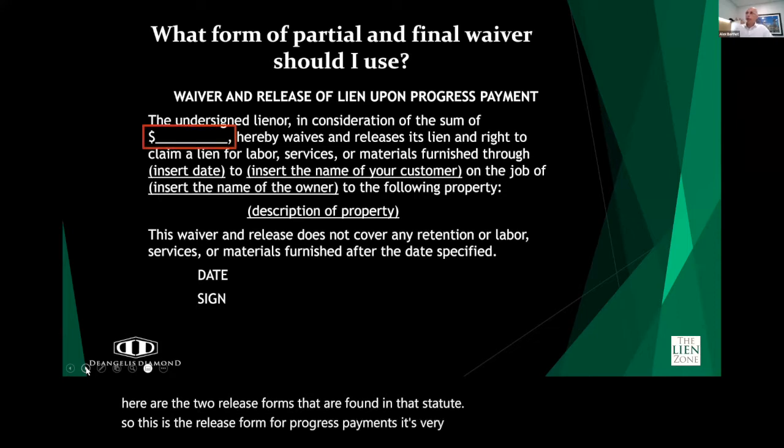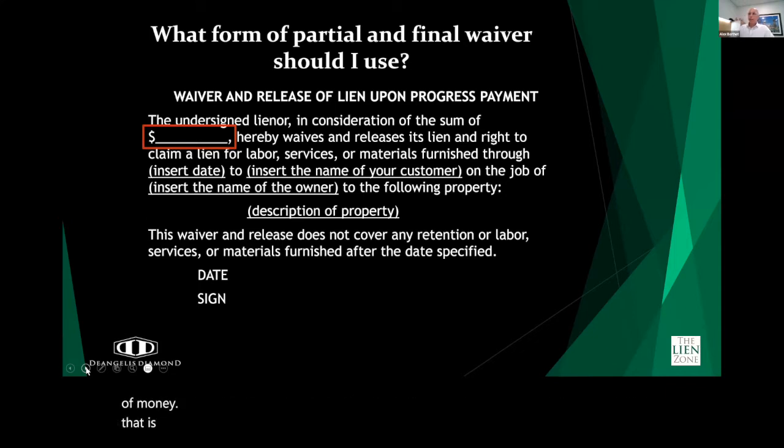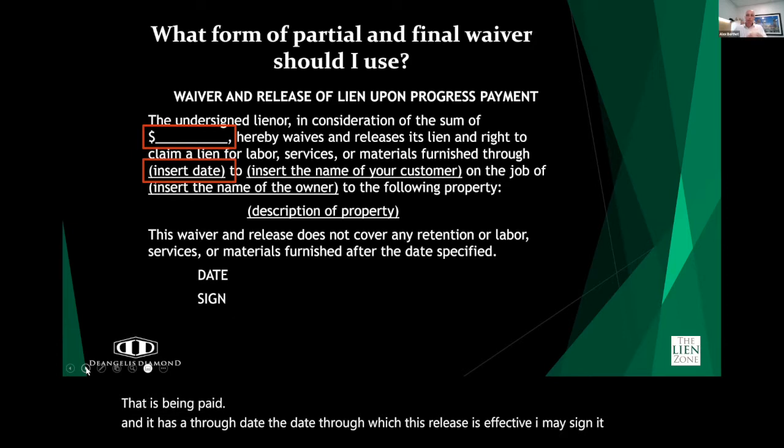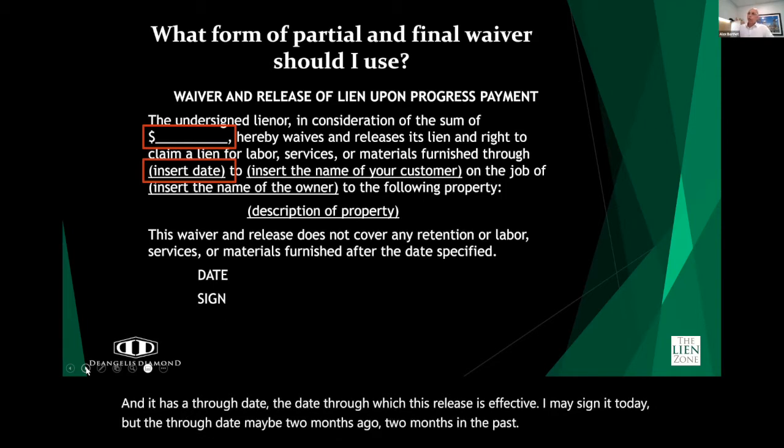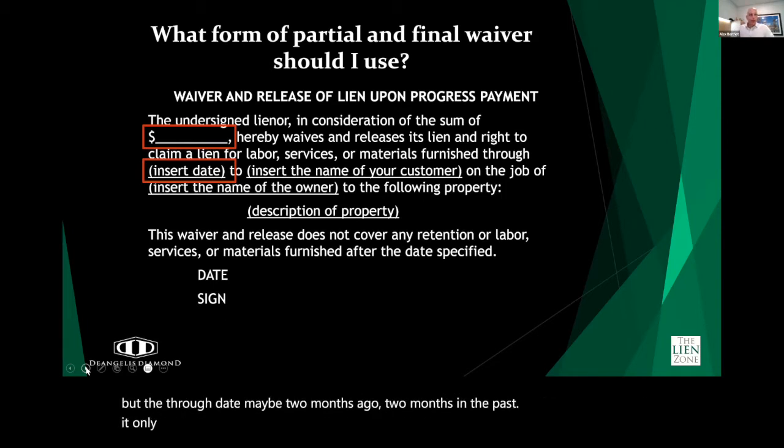It has a spot for the amount of money that is being paid, and it has a through date, the date through which this release is effective. I may sign it today, but the through date may be 2 months in the past. It only releases lien rights. It releases no other rights, and we'll talk about what that means in a minute.